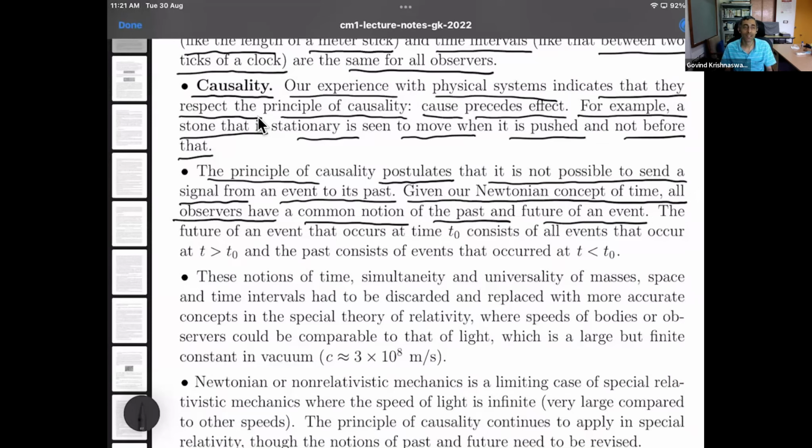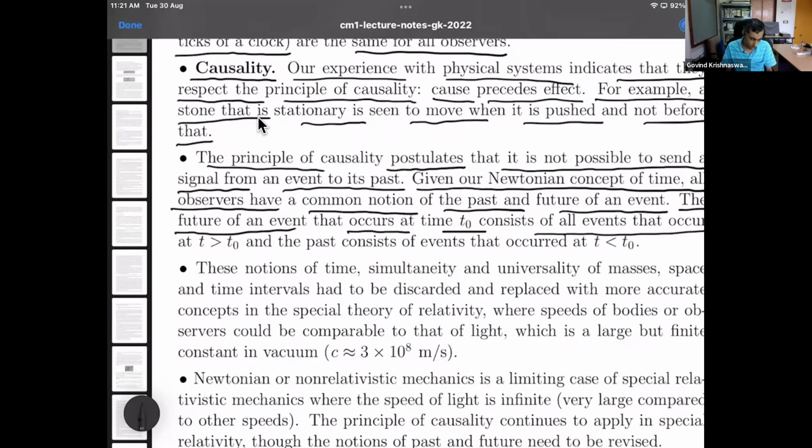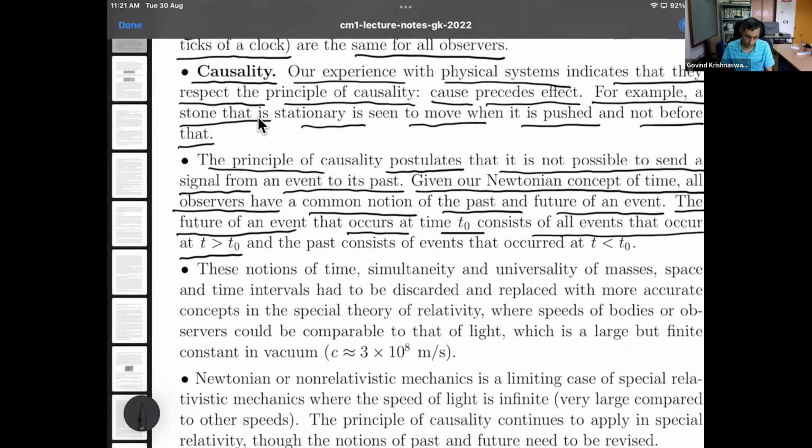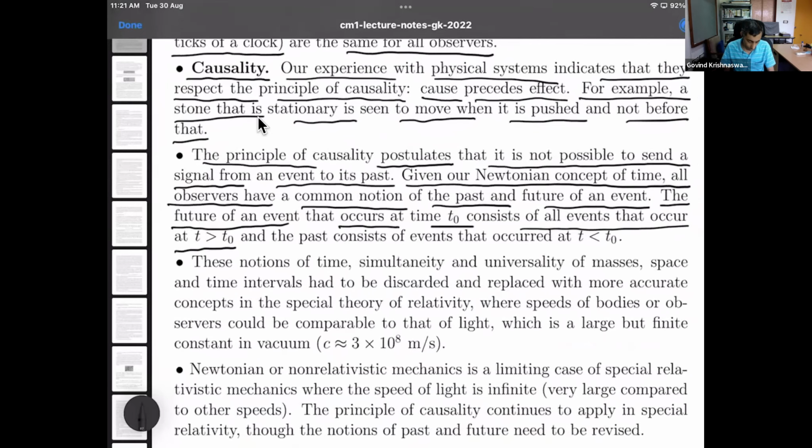The past consists of all events that happened before that instant, and the future consists of all events which happen after that instant. So, the future of an event that occurs somewhere at time t0 consists of all events that occur at t more than t0. Once we have synchronized our clocks, this is a statement that we can all agree upon. And the past consists of events that occurred at t less than t0.